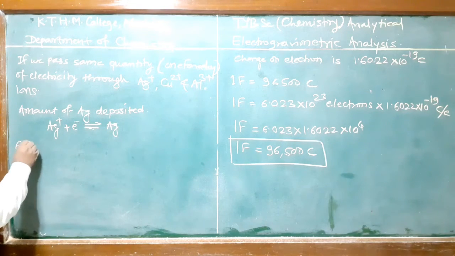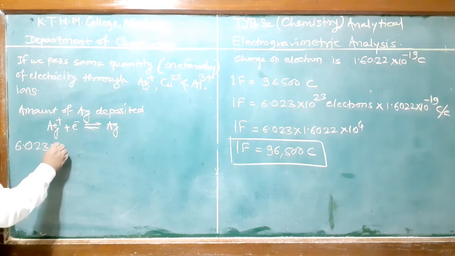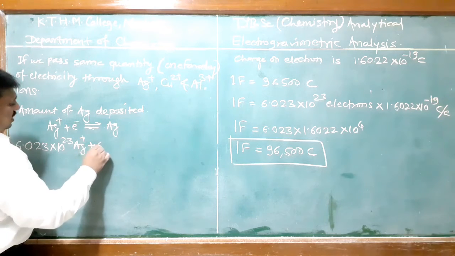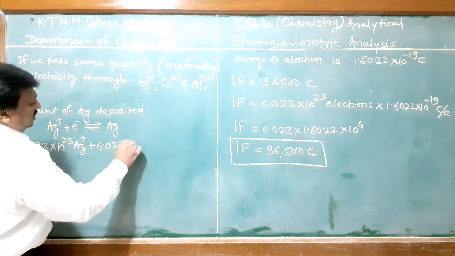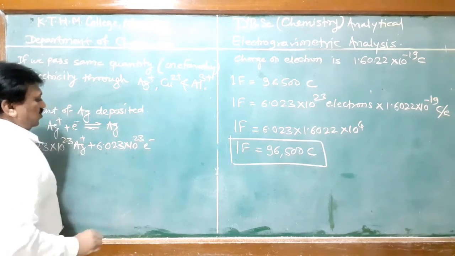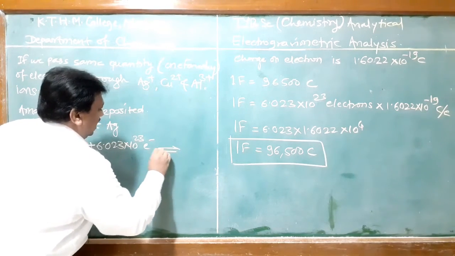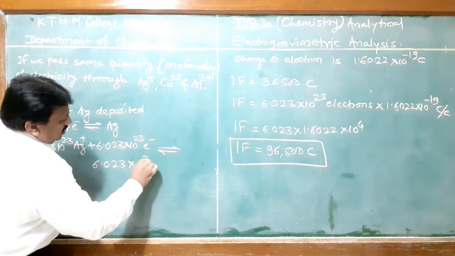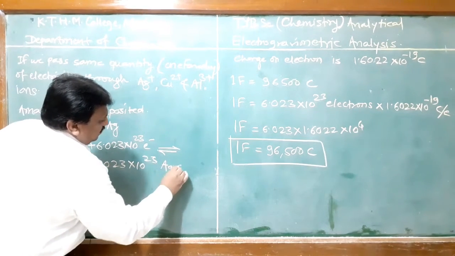If Avogadro's number of silver ions are present, they require Avogadro's number of electrons, and that gives Avogadro's number of silver atoms.